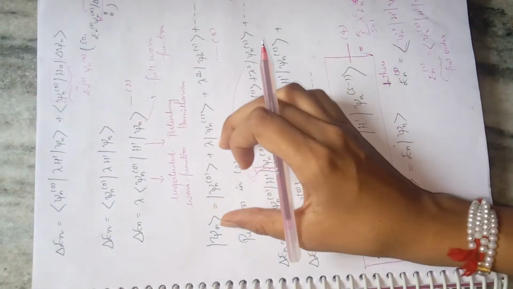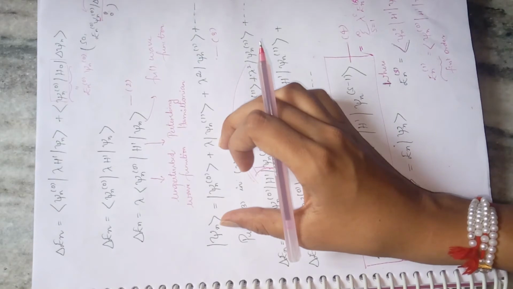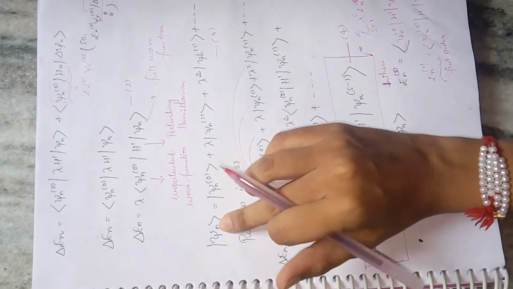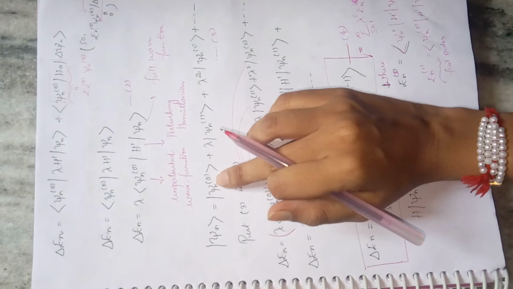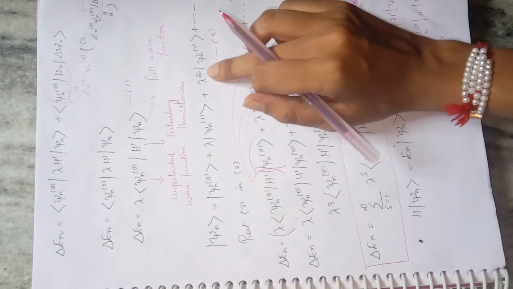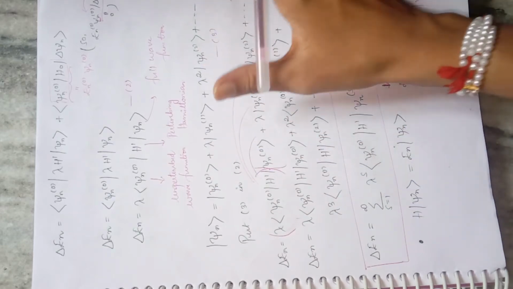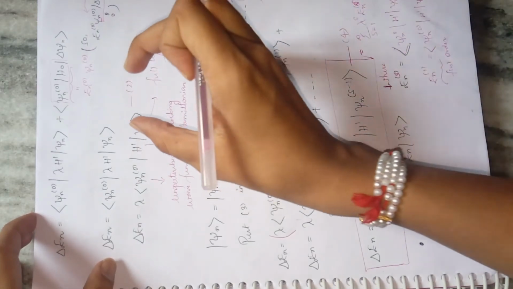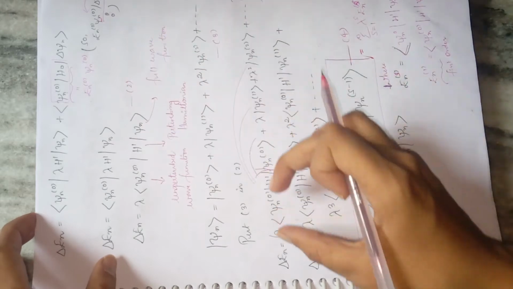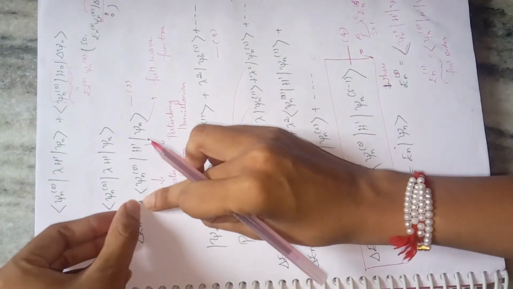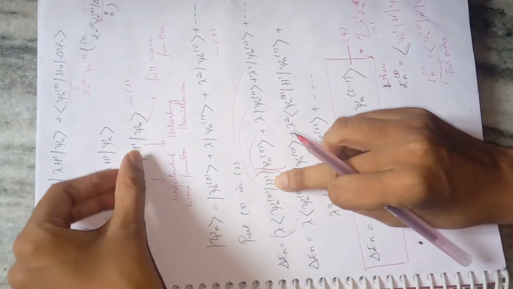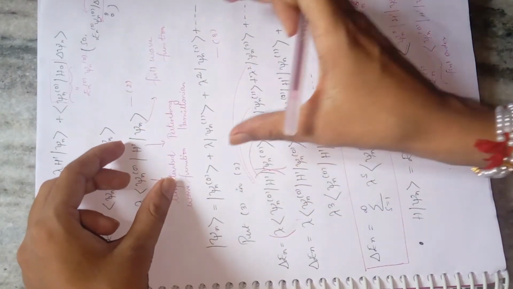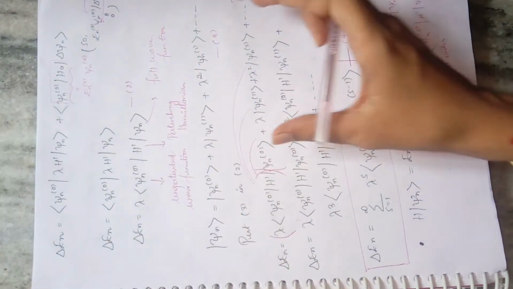Psi n has an expansion: the total wave function psi n can be written as psi n naught plus lambda psi n1 plus lambda square psi n2 and so on. Just take this equation and substitute in the place of psi n. So delta En is equal to lambda psi n naught H dash into psi n, the whole thing substituted here.